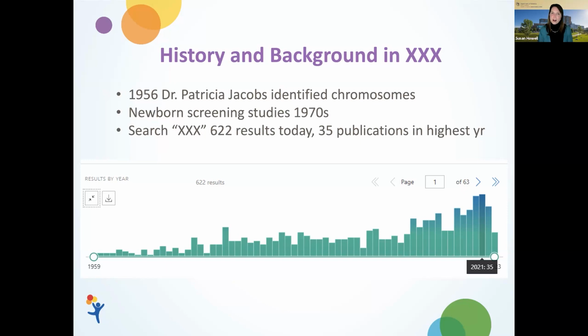There's thousands and thousands of medical journal articles that talk about other genetic conditions. And so trisomy X relative to those is really understudied. The highest year that published about trisomy X was 2021, with 35 publications that year in medical journals. So we really have a lot of work to do in trying to support research in this condition and learn a lot more.